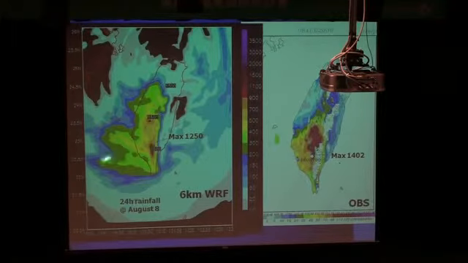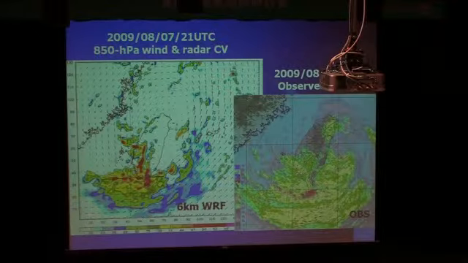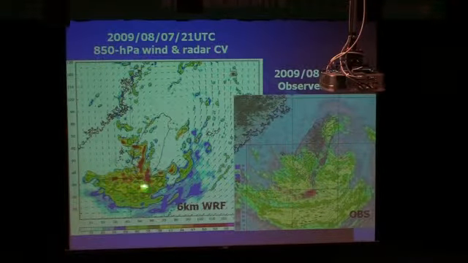However, we can see this kind of multiple banded structure as shown. In terms of radar reflectivity, as shown this morning by Professor Bengjo, Tai Chi, and Chen Yu, the simulated rainfall shows a similar kind of structure. Here we compare the simulated radar reflectivity fields.